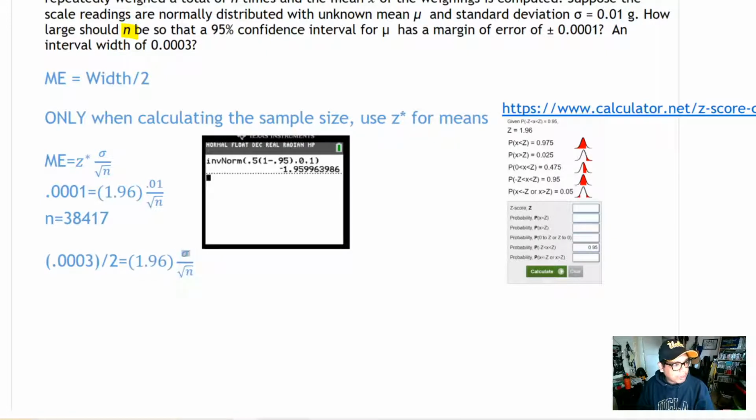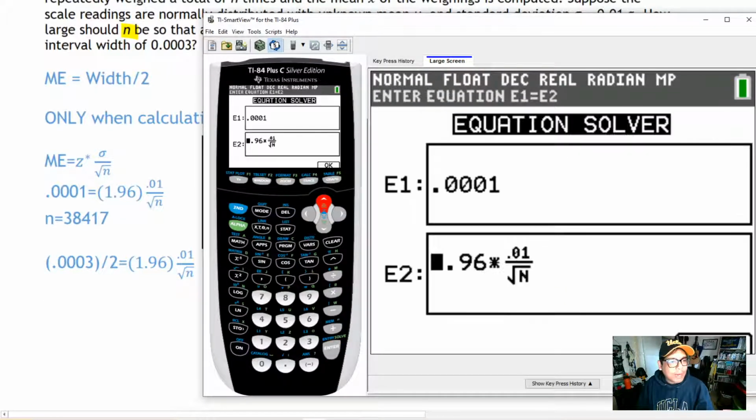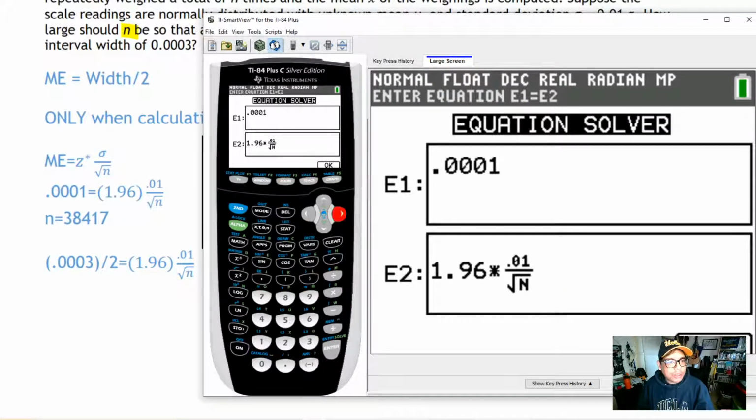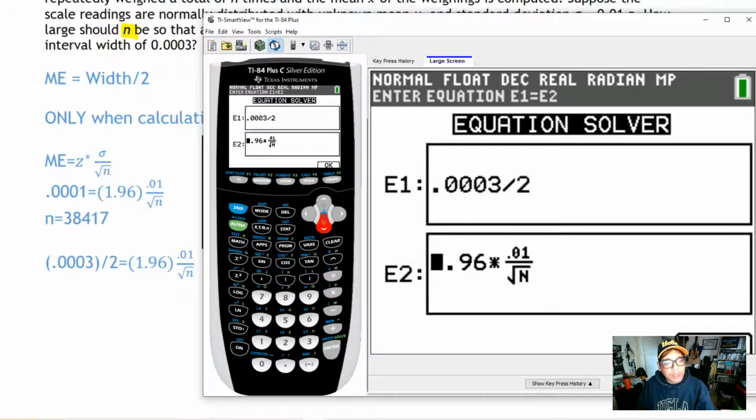Sigma is still 0.01. And now we can put this into our solver. Scroll back up and change this to 0.0003 divided by 2, because the margin of error is half of the interval width.